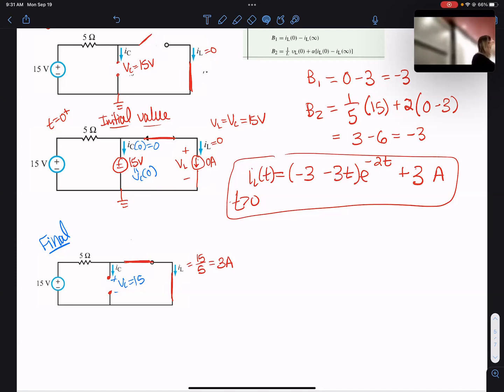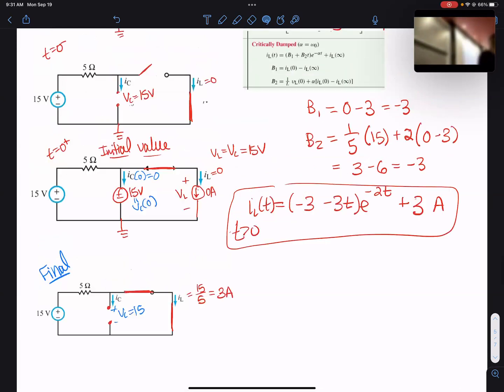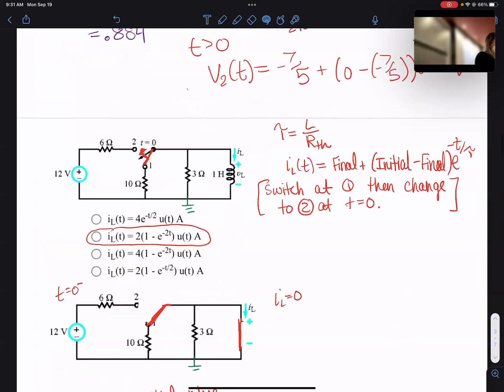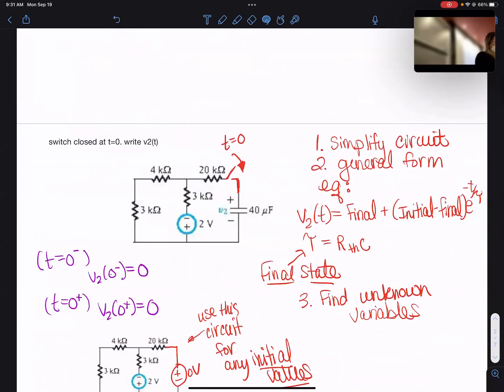The exam on Wednesday will be related to the basics of RL, RC, resistance and capacitor. So it can be either just an RC circuit. This was an example of an RC circuit, and you'll need to find all currents and voltages in that circuit.